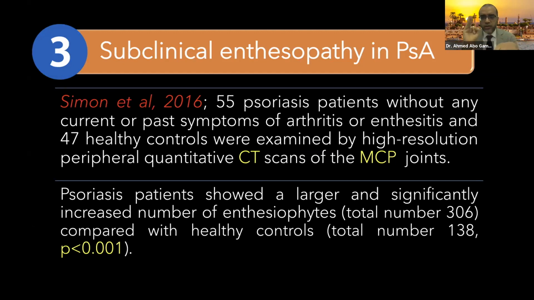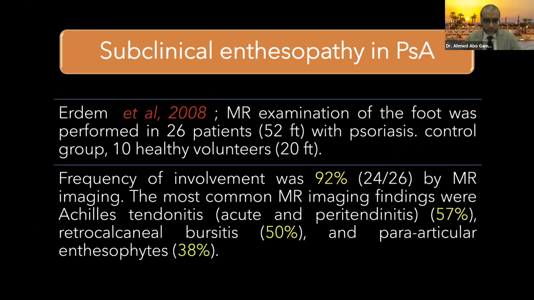I presented only 3 trials here. One of them was Simon et al. in 2016. He presented data of examination of 55 psoriatic patients using CT at the MCP joints. And actually, there is a significantly higher prevalence of enthesitis in patients with psoriasis without any correlation to pain or inflammation at these joints.